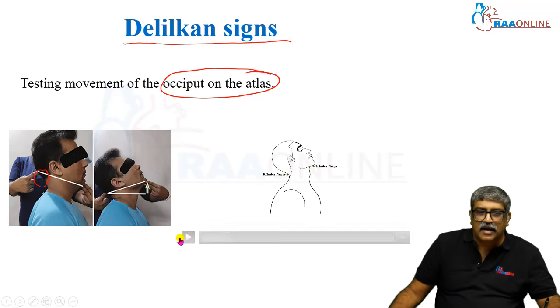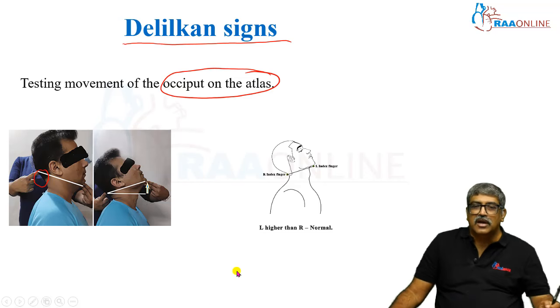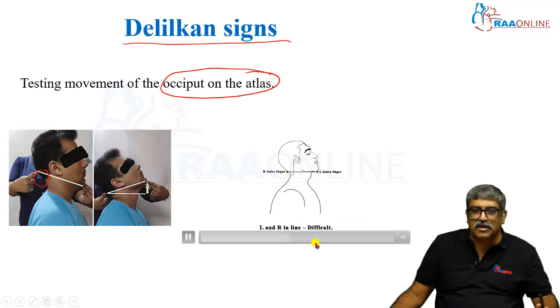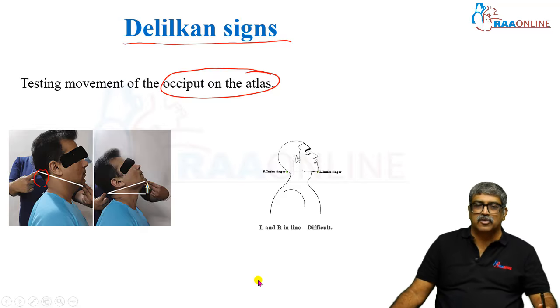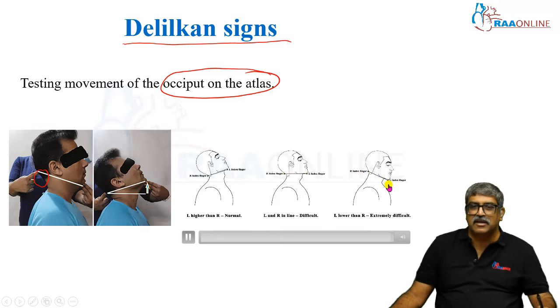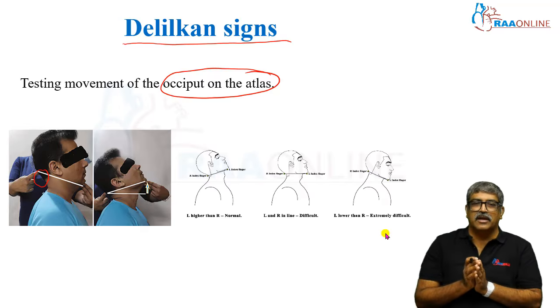Normally, the right index finger will be lower than the left index finger. That is normal. If your right index finger and the left index finger are at the equal level, it is going to be difficult laryngoscopy. If the right index finger is going to be higher than the left, or the left index finger lower than the right, it is going to be extremely difficult laryngoscopy.